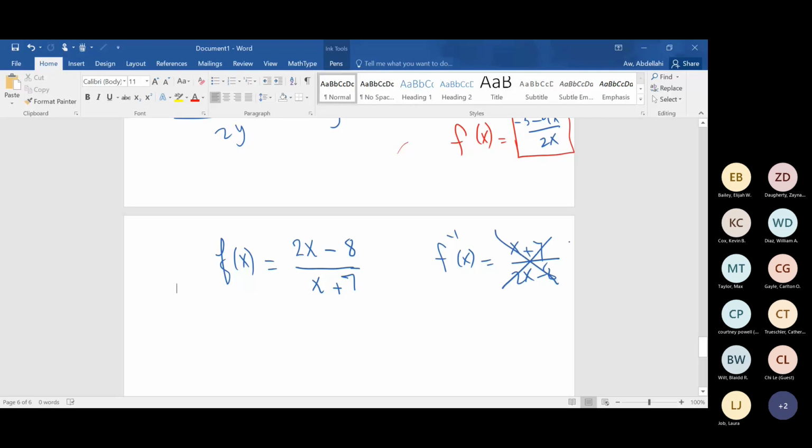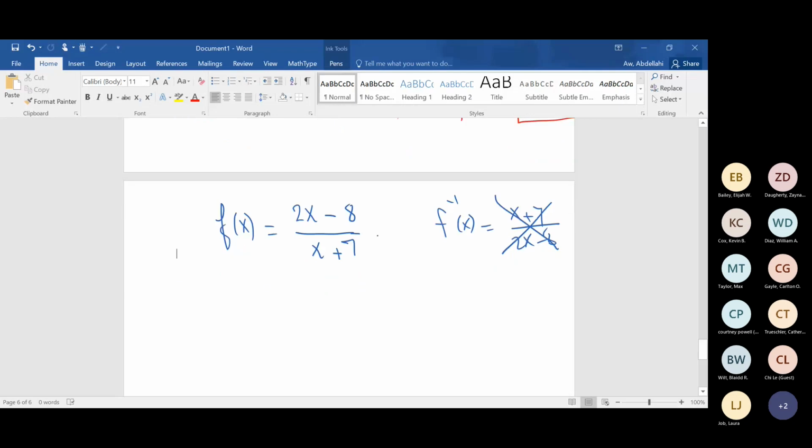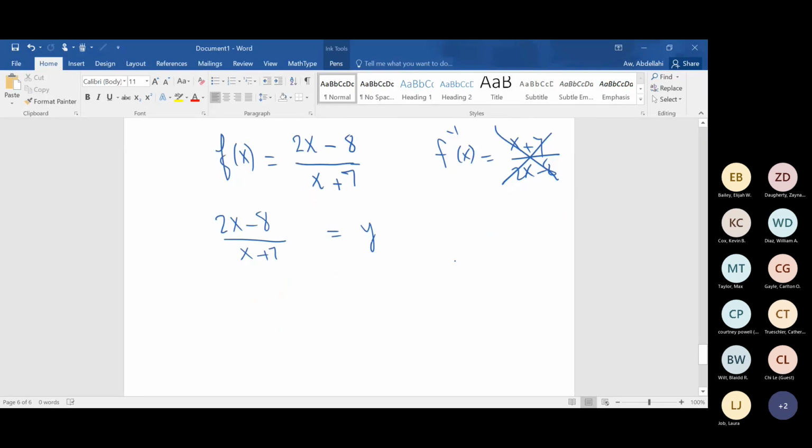What are you going to do? Basically, we're going to do the same thing. We say 2x minus 8 over x plus 7 is equal to y, right? Tell me, what's going to be the next step? We multiply by x plus 7 and distribute the y into it. Yeah, so you cross multiply.